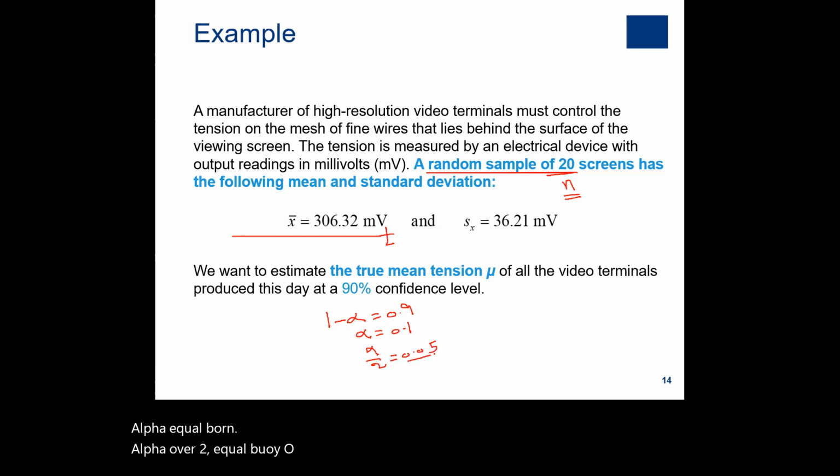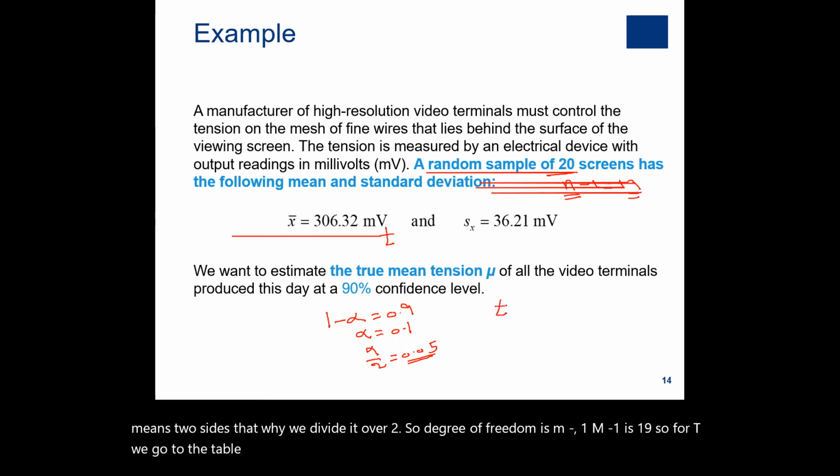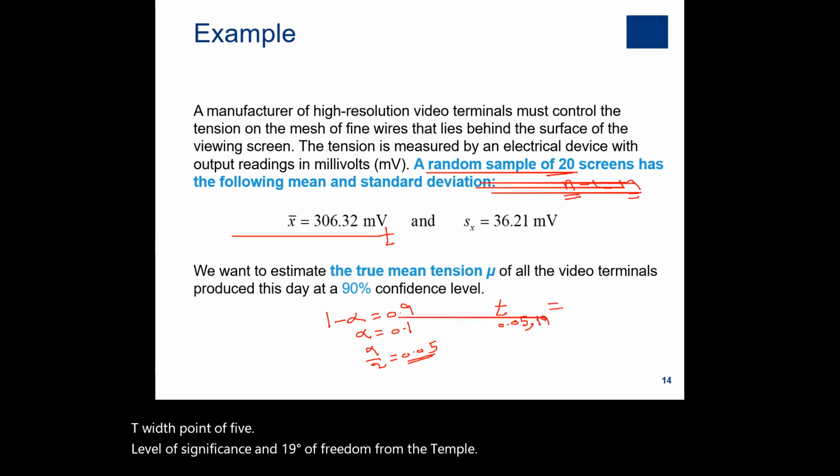Because we talk about a confidence interval, which means two sides, that's why we divide it by 2. So degrees of freedom is n minus 1, which is 19. For T, we go to the table and see T with 0.05 level of significance and 19 degrees of freedom.